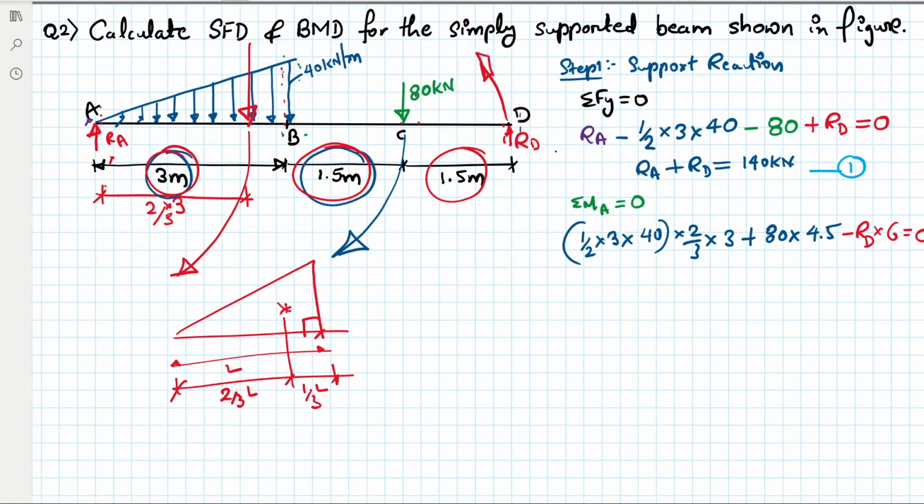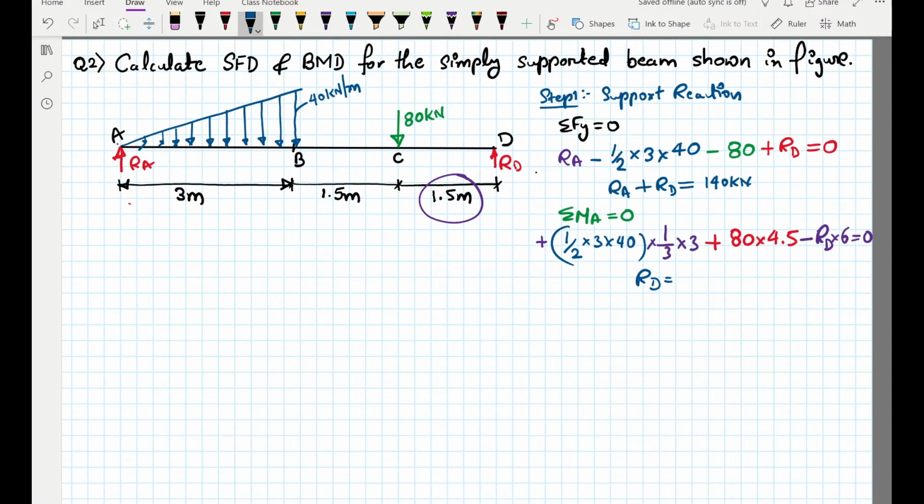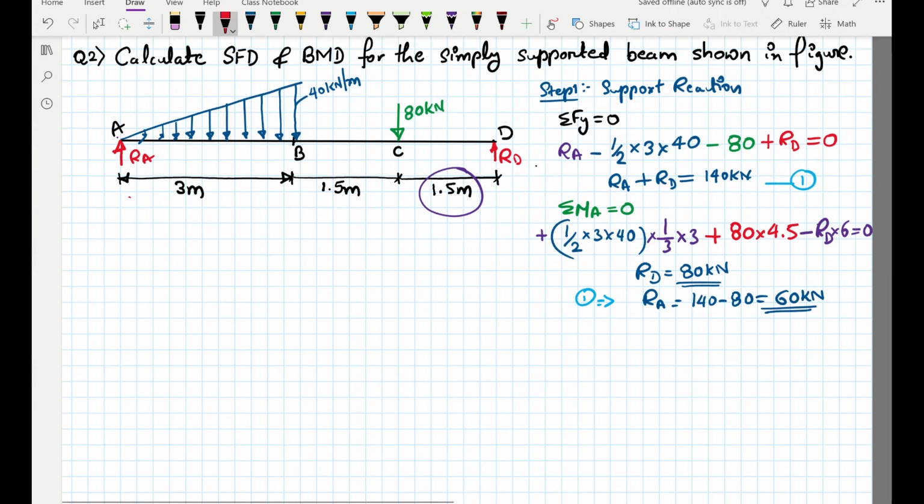Therefore if I simplify this, I get RD equal to 80 kilonewton. Then I substitute in equation 1, I will take this as equation 1. From equation 1 we get RA equal to 140 minus 80, 60 kilonewton.